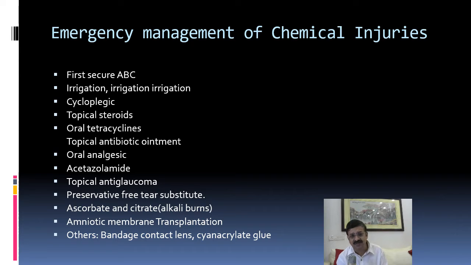The next is a cycloplegic. Naturally, an eye which is challenged by a chemical burn will be an irritated eye, and you have to rest the ciliary body. That will also lessen the pain to some extent. So cycloplegic is important. Next is topical steroids. Now topical steroids appear to be confusing, because they have to be given to limit inflammation, and they are used very judiciously and carefully, because in the initial phase we do not want a lot of reaction to happen, but in the later phase we do want some repair to happen.